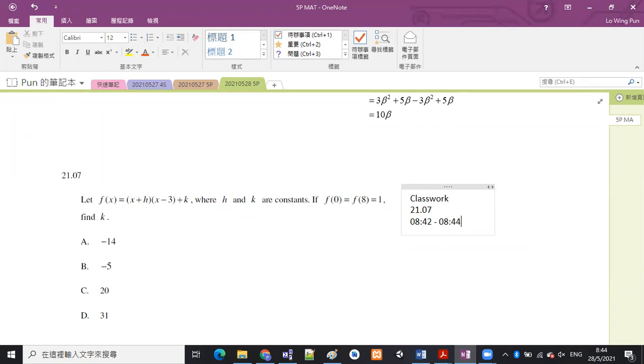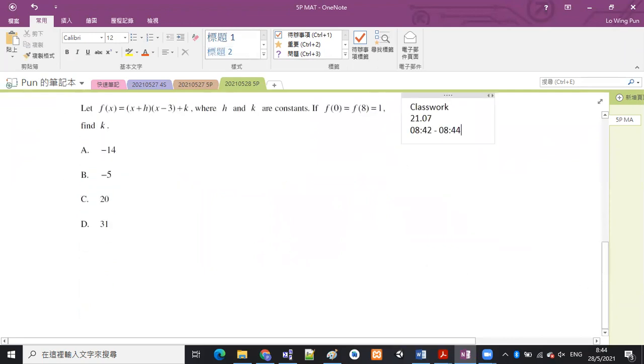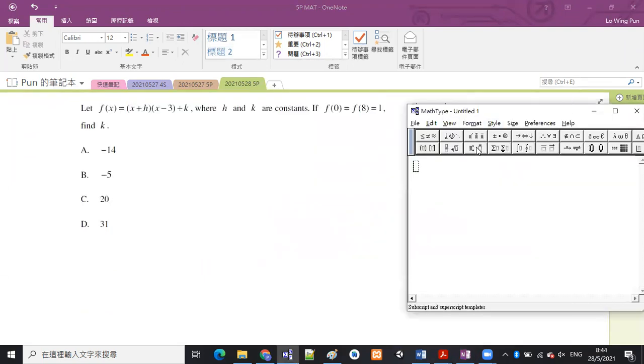Any idea? What information is given? F(0) is equal to F(8), and they are both equal to 1.